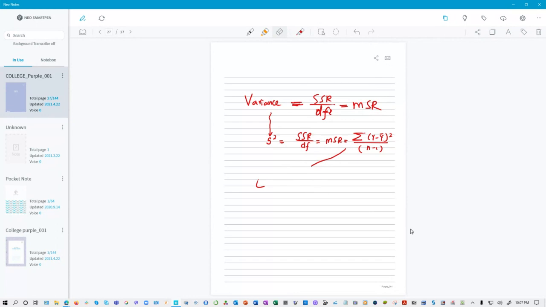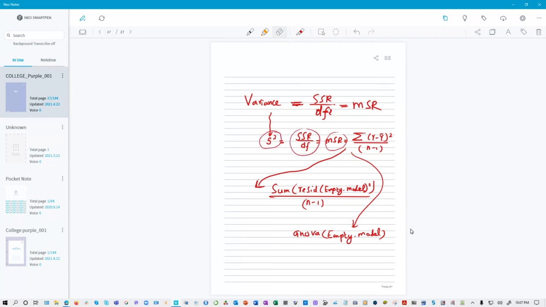You can get the top part, the sum, by going to the residuals of the empty model, squaring them, and dividing by n minus 1. That's one way. The other way, you can run the ANOVA on the empty model. That would definitely give you the same thing.